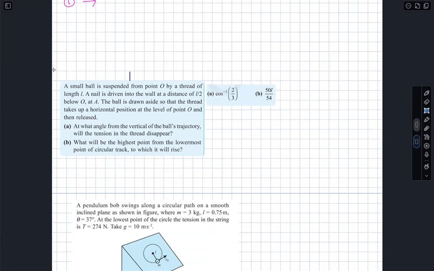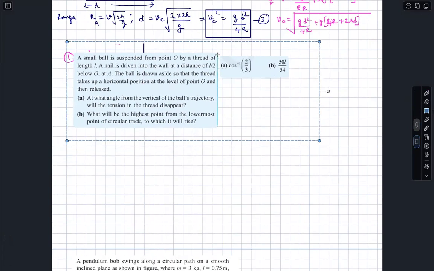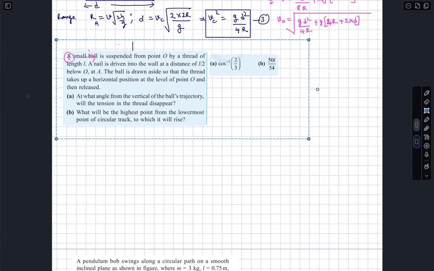Next question. I think we have done a model like this in yesterday's class. Do you remember the nail-based question?